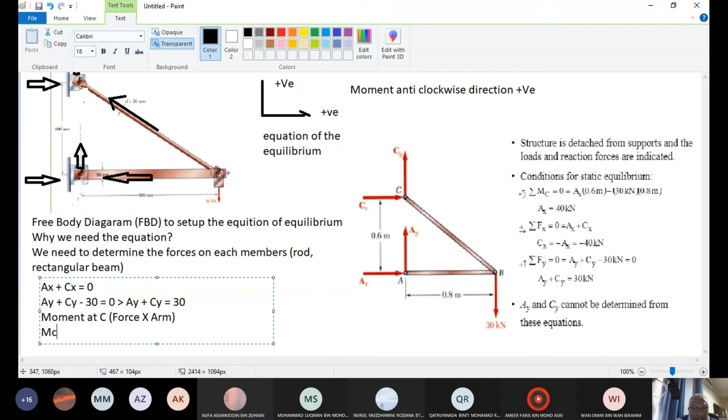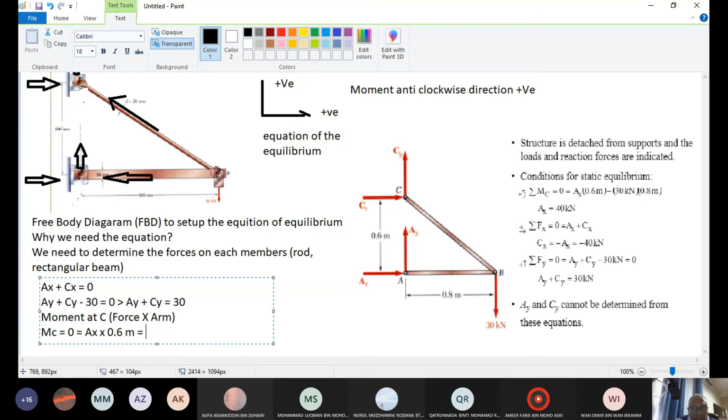So at C we have moment at C. Again, equilibrium should be 0. And what we get is Ax positive. This Ax will turn anti-clockwise. So Ax times 0.6 meter.